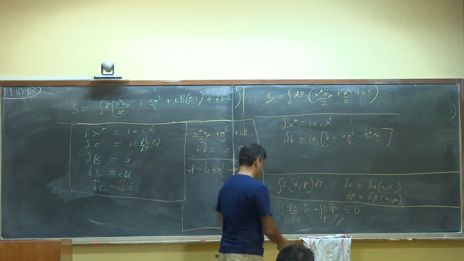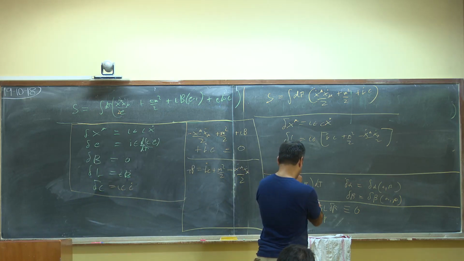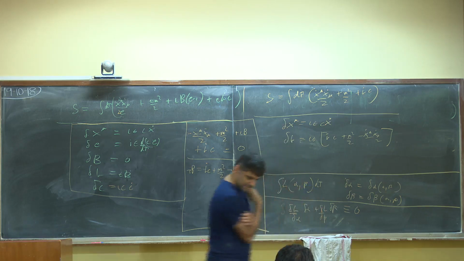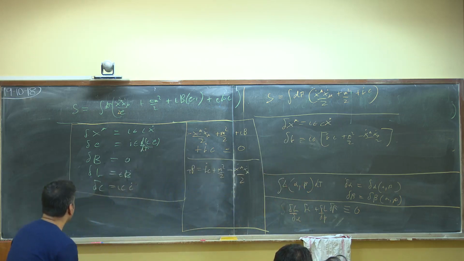Now, what we now want to check is that if we vary just the alphas, what is important here?